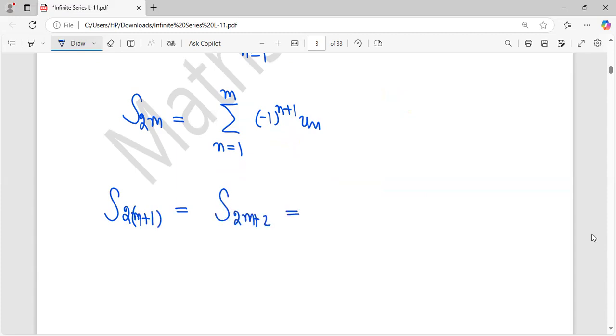That is nothing but we can write summation n goes from 1 to m, minus 1 to the power n plus 1, un, and this is S2m here. Okay. So this is S2m.